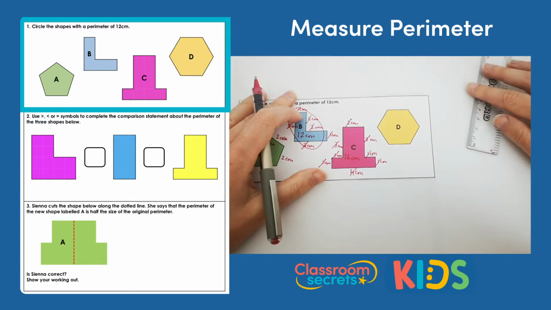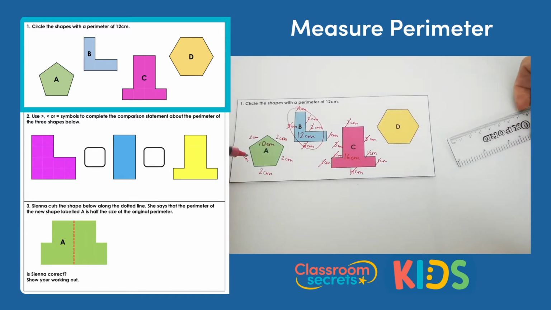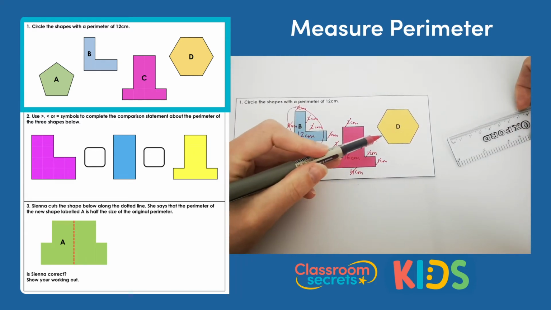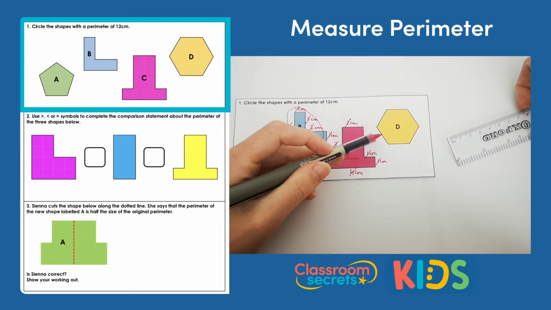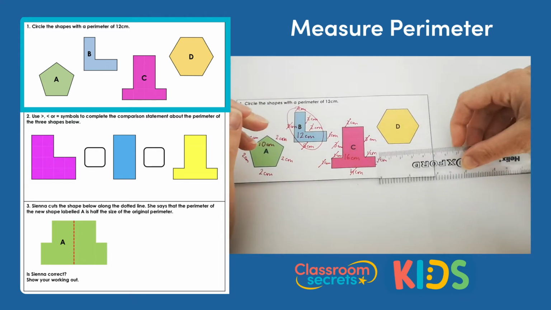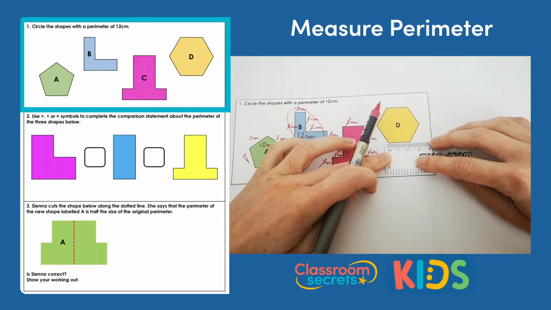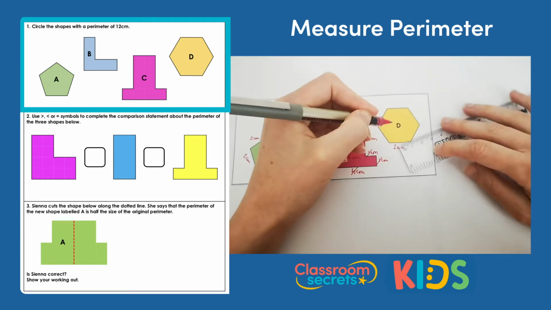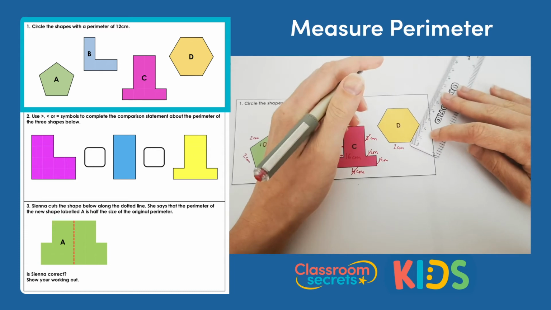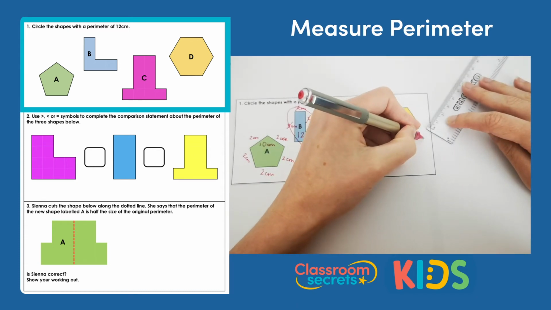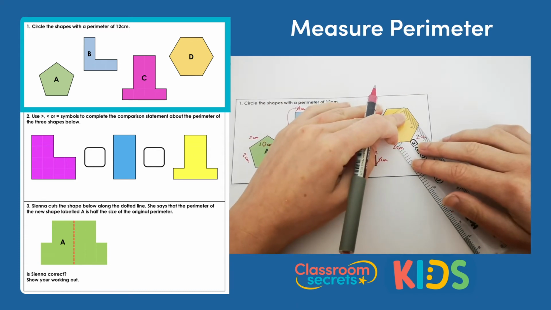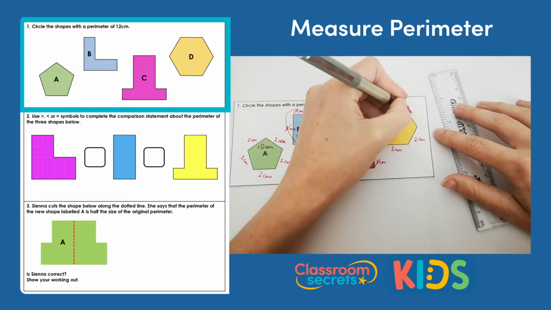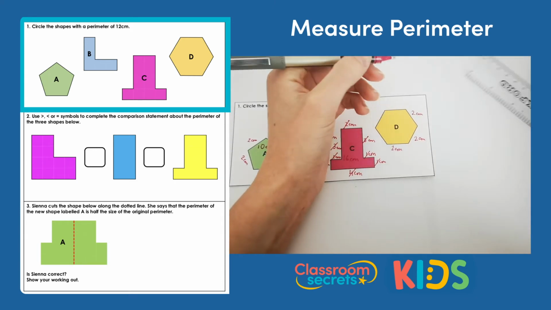Finally then we've got shape D. Similarly to shape A, that to me looks like a regular shape, it looks like a regular hexagon, but I always like to check these things, it's good to make sure. So that's 2 centimetres. That's 2 centimetres. That's 2 centimetres.